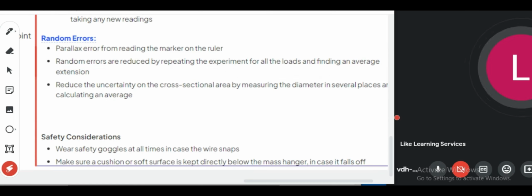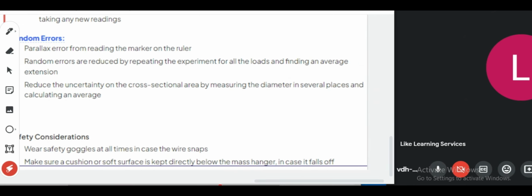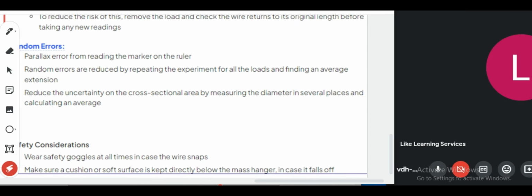And then we can also reduce the uncertainty in the measurement of the cross-sectional area by measuring the diameter in several places along the wire. If this is the wire, for instance, we measure the diameter at one point, diameter at another point, diameter at another point, in 3 different places, and calculate an average to get the diameter we're going to use to find the cross-sectional area.